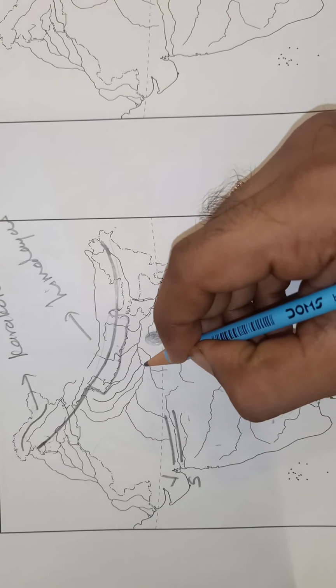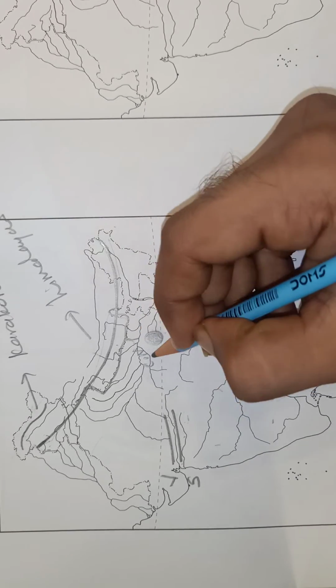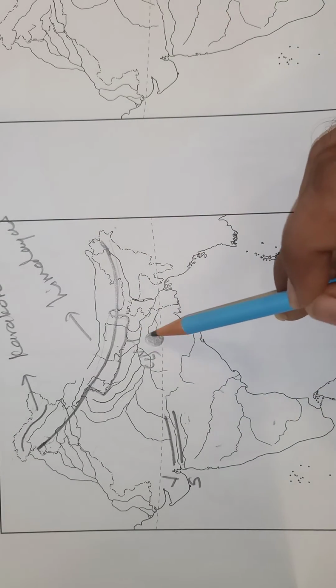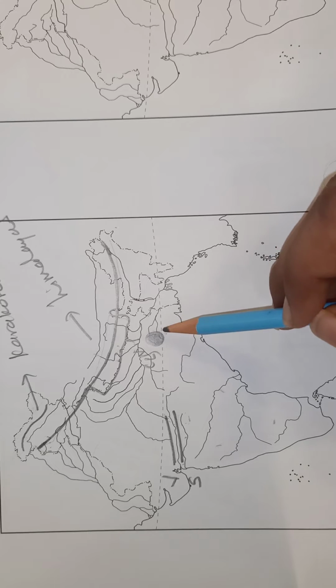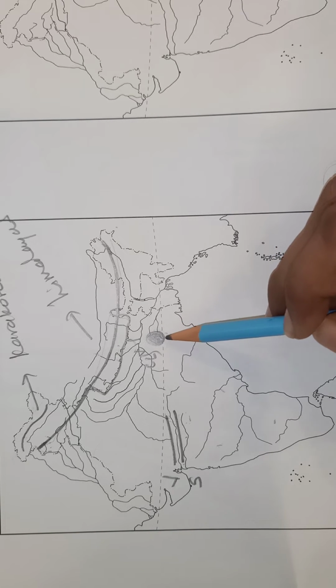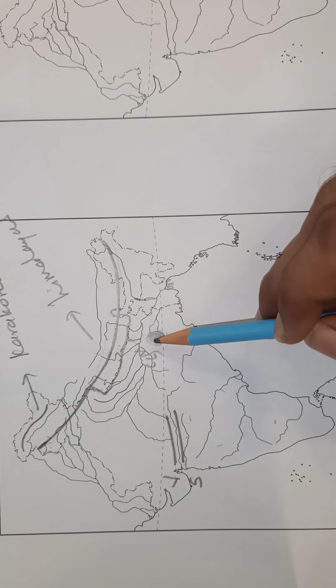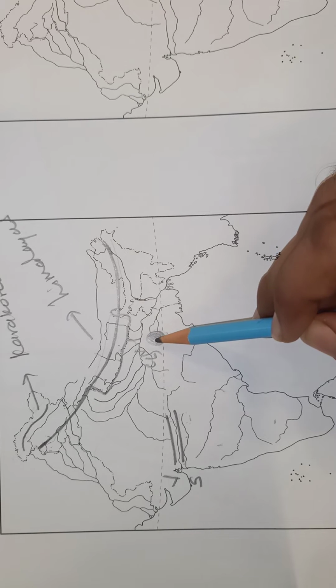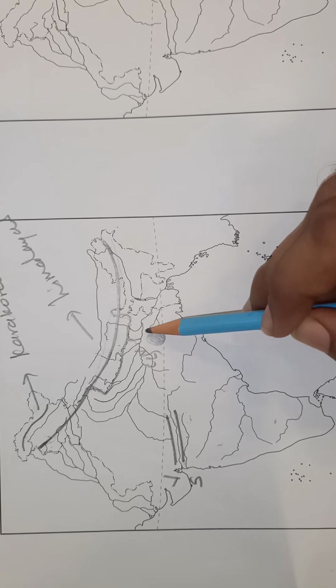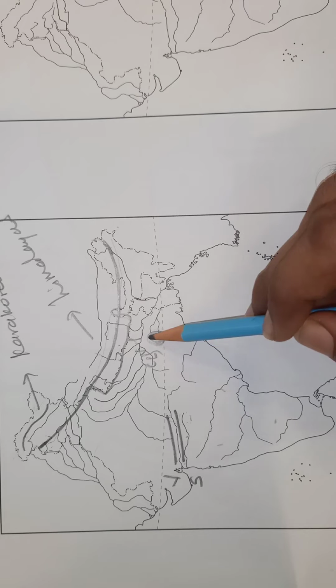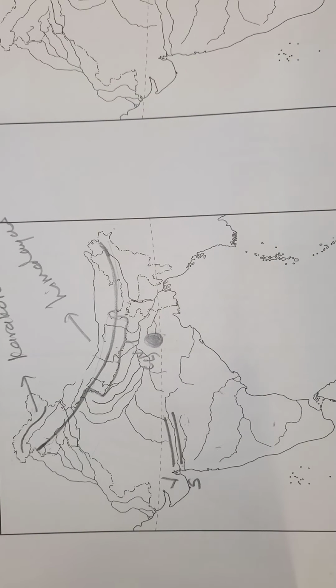Okay, this whole circle is the Chota Nagpur plateau. You have to keep in mind that you do not have to go below this Tropic of Cancer, and your marking should be connected with these 2 lines and a small circle over here.